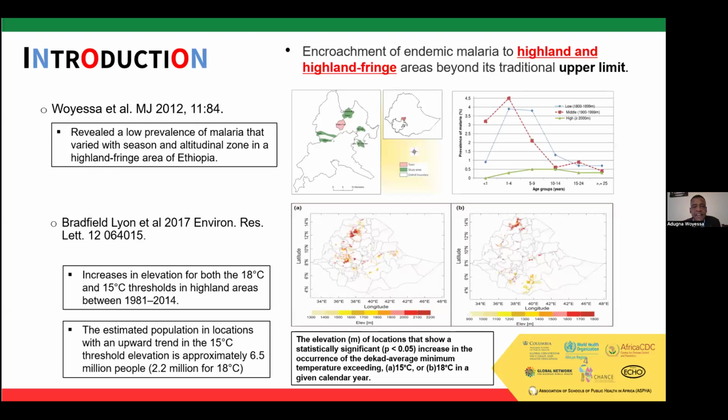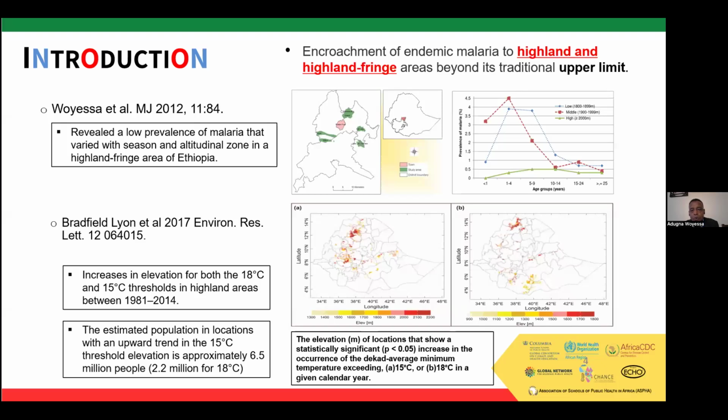We did this study in highland and highland fringe areas of southern Ethiopia, around 135 kilometers from Addis. That area is located between 1800 and 2300 meters. So this is where the study is located.